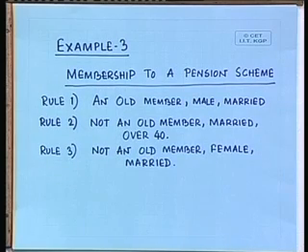Then after this rule, some people, particularly the old employees, said that there are some people who have not got married, but they are quite old. Why should they not get this benefit? We should give them the benefit also. However, since women employees are newly joined, there is hardly any need to include them.